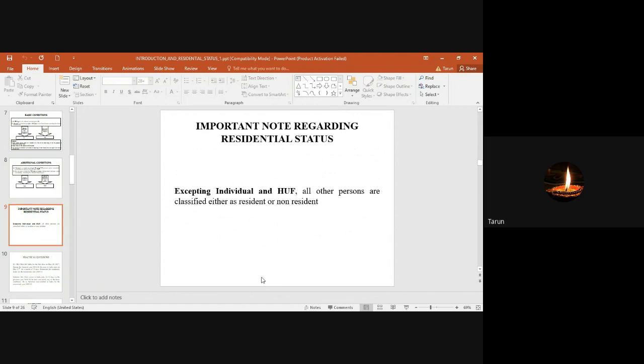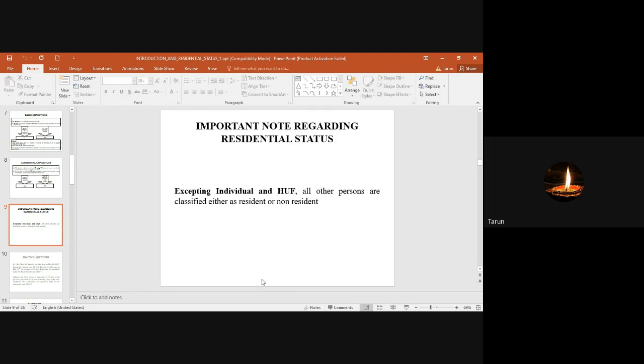If you talk about a company, to determine the residential status, it could be termed as resident or non-resident. Ordinary or not ordinary doesn't count in these particular categories of persons. In a body of individuals, we can calculate whether it is a resident or non-resident, but we have no rules to know whether a body of individuals is an ordinary resident or not ordinary resident.